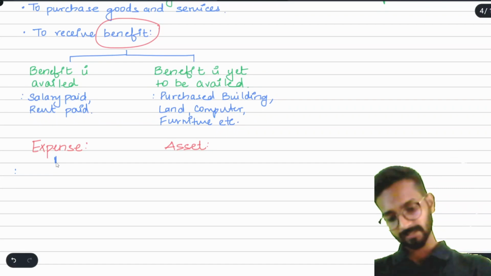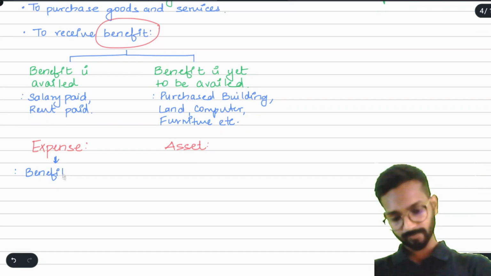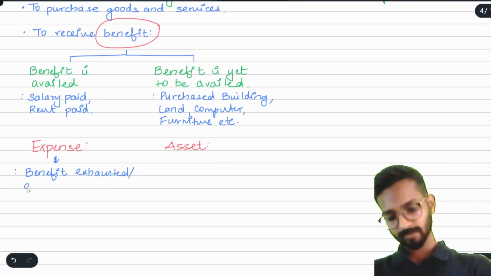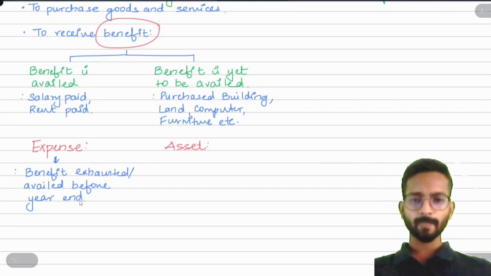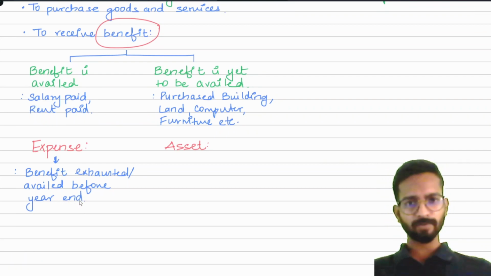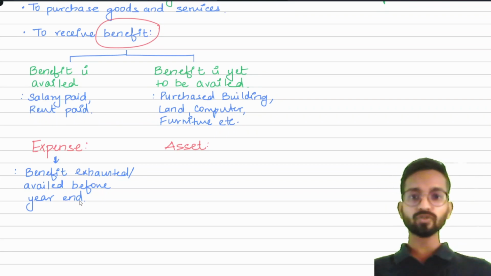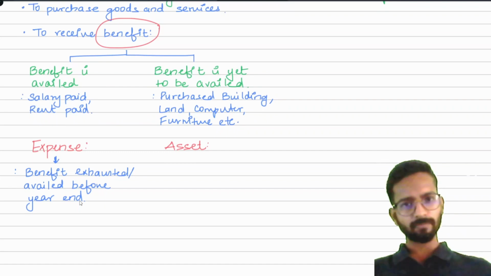Expenses can be called as benefit exhausted, or you can say benefit availed before year end. This is our expense. Suppose I am paying the rent and then within 1 month I am living in that particular factory or we are working. So I can say that it is my expense only. Why? Because just before the year end I have completely used it.